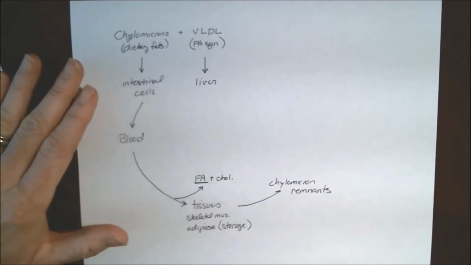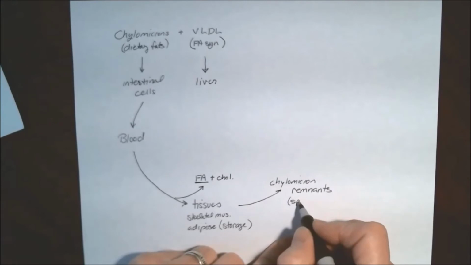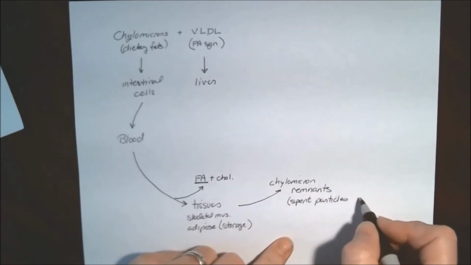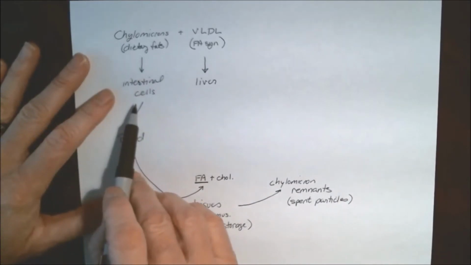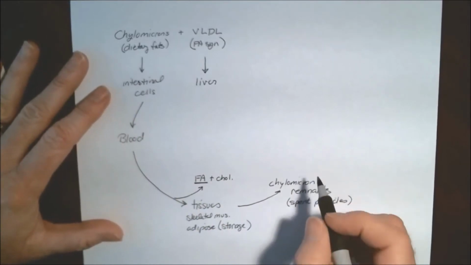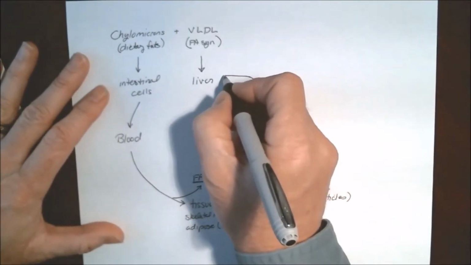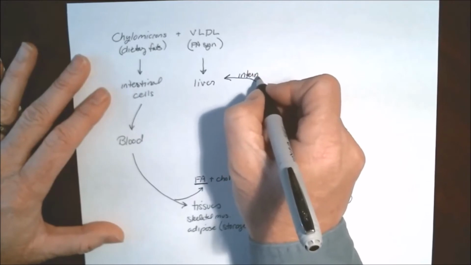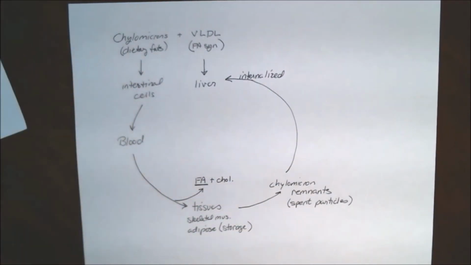These chylomicron remnants, then, are what are considered spent particles, which means that they have done their job of delivering dietary fats from intestinal absorption to the tissues for a period of time, and then these chylomicron remnants will be picked up and internalized by the hepatocytes, the liver cells.